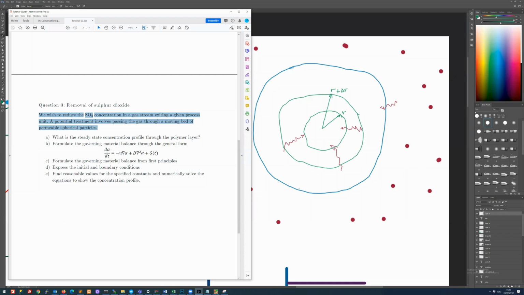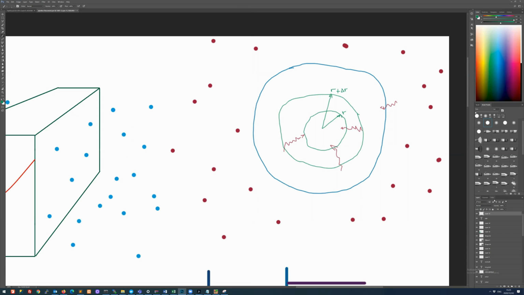Now, note, of course, that the actual diffusion is in towards the particle, but the definition is always in the positive spatial direction. So r is defined as 0 here and looking outward like that. So we define the flux to be in that direction, but of course the value of the flux might be negative.